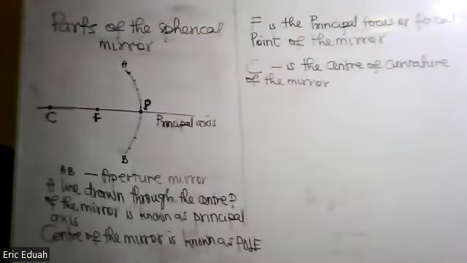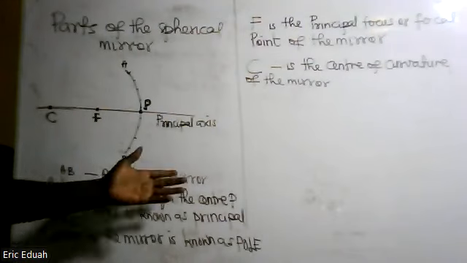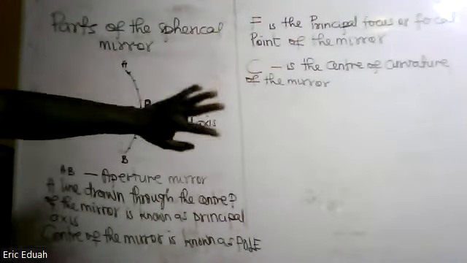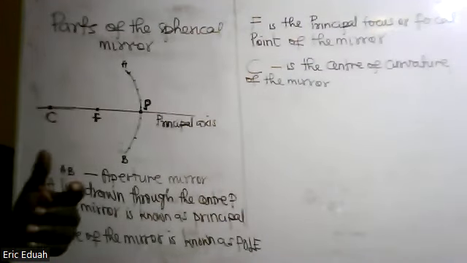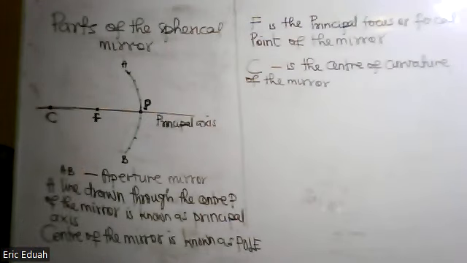Each of them has a definition. As we go on, I'll give you what we mean by the principal focus or focal point of the mirror, what we mean by the center of curvature of the mirror, and so on. Please, are you okay?